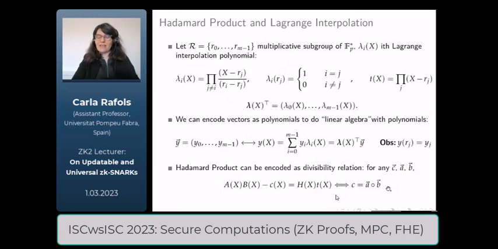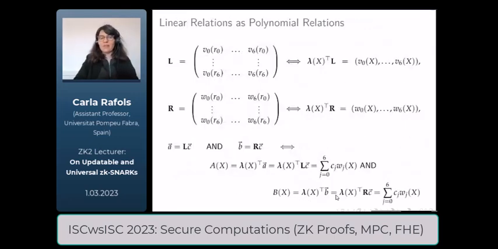When I want to show that the vector C is the Hadamard product of A and B, this amounts to proving M equations. I encode M equations in linear algebra as a single polynomial equation of polynomials of degree M, and each equation here corresponds to evaluating this equation at a different point in R.